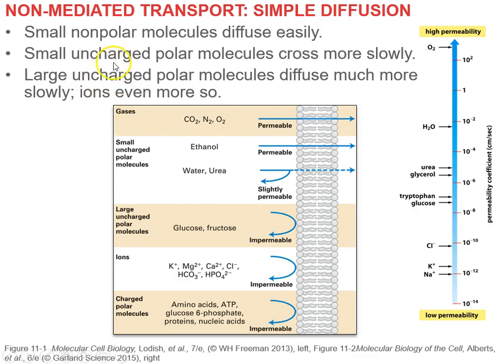If you have small polar molecules, they can cross, but they cross a lot more slowly. And ions even more slowly. Not only are they charged, but they have that shell of water molecules around them.